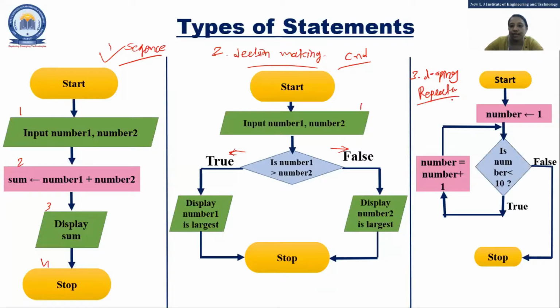We have seen examples of how to print 1 to 10 and how to print your name 10 times. We will cover other examples, the flowchart as well as the concept of looping, in this unit. So in total there are 3 types of statements: sequence, decision making, and repetition.